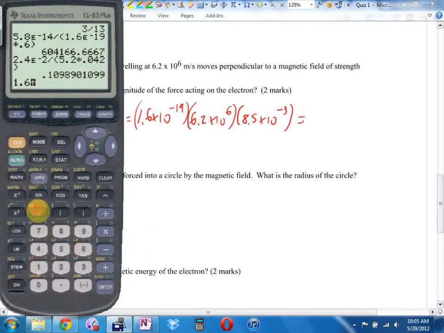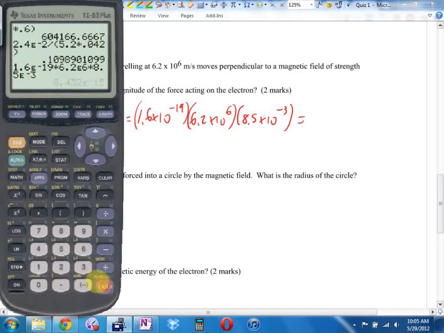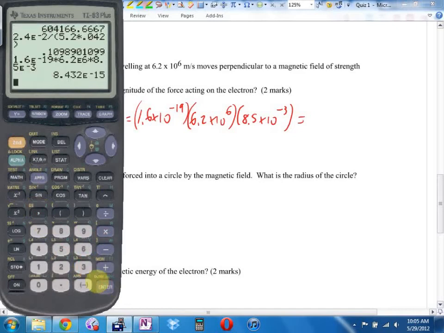You get 8.43 times 10 to the negative 15.